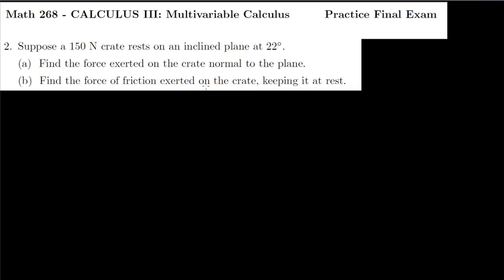So we have a 150 Newton crate resting on an inclined plane of 22 degrees. Okay, that's roughly 22 degrees here. And so we have this very heavy crate, 150 newtons, that's pointing straight down.